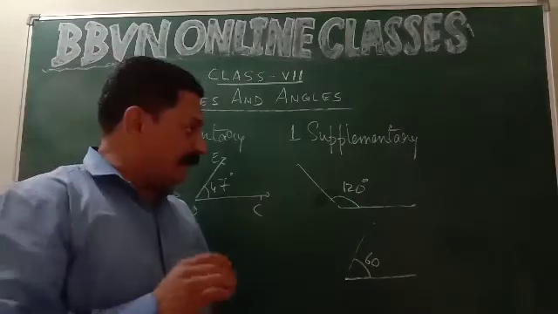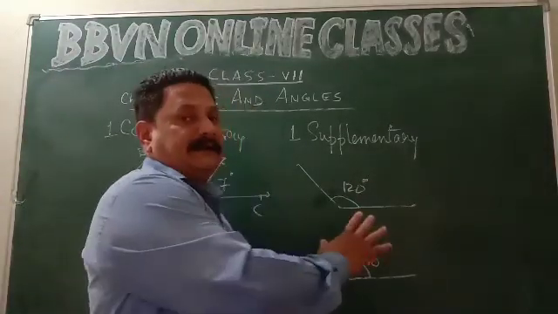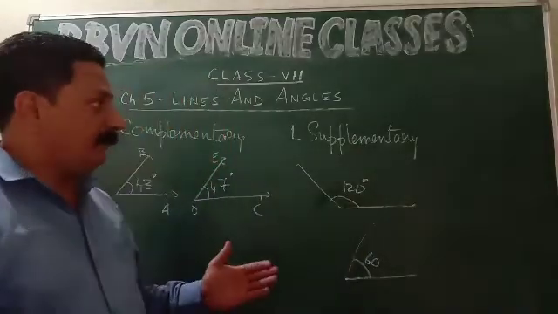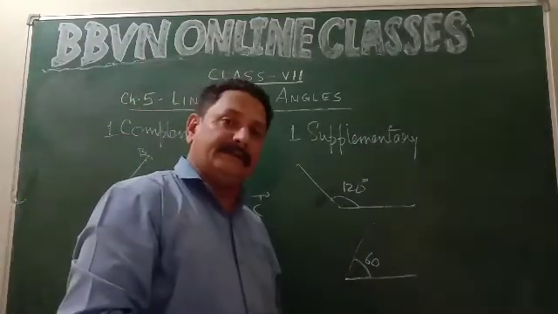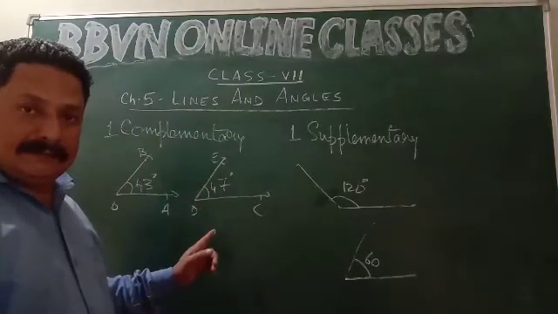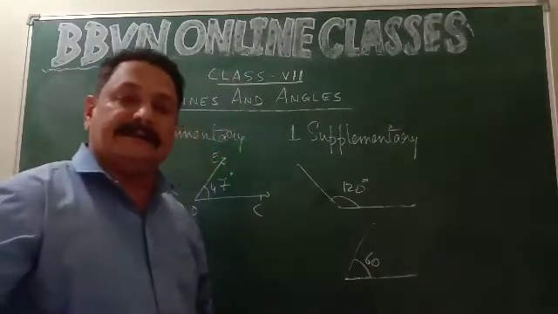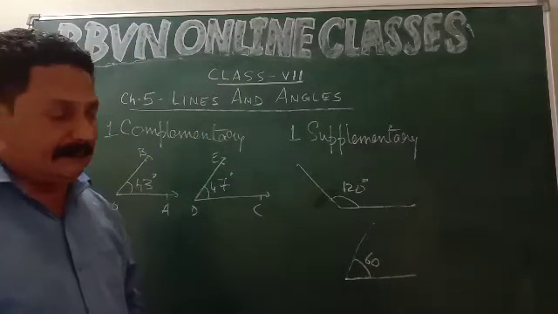So if we have any two angles such that their sum is 180 degrees, such angles are called as the pair of supplementary angles, right? So we have studied complementary angles when sum of the angles is 90 degrees. We have also studied supplementary angles when the sum of the angles is 180 degrees, right?